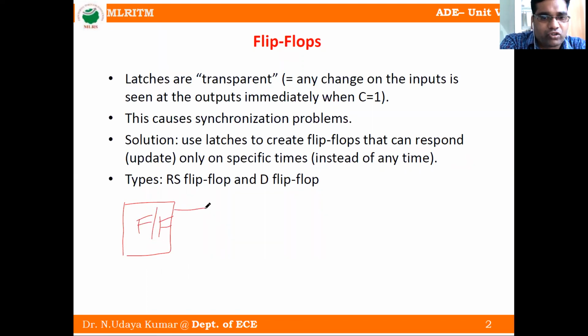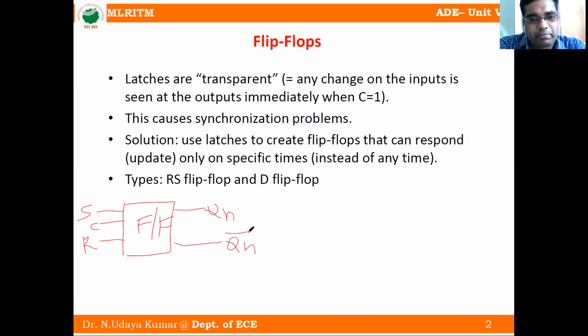Here one output is Qn, and this one is Qn bar. For example, for an SR flip-flop, this is S and this is R, and there is one clock, C. The output is Qn and the complement of the output is Qn bar.